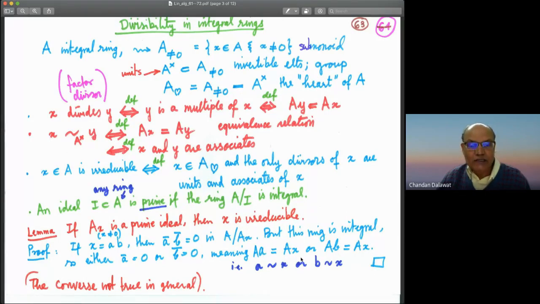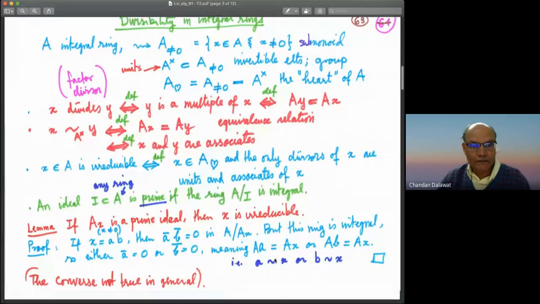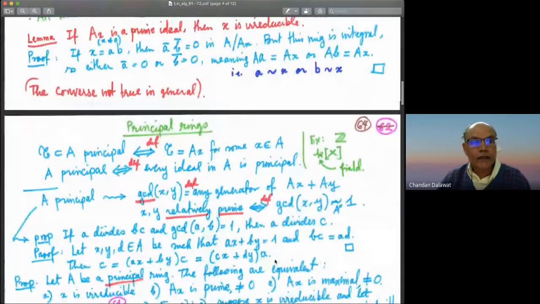And actually, you will see that you have equality here. So you have either a is equal to the whole ideal, or b generates the whole ideal. And therefore, you have this lemma.